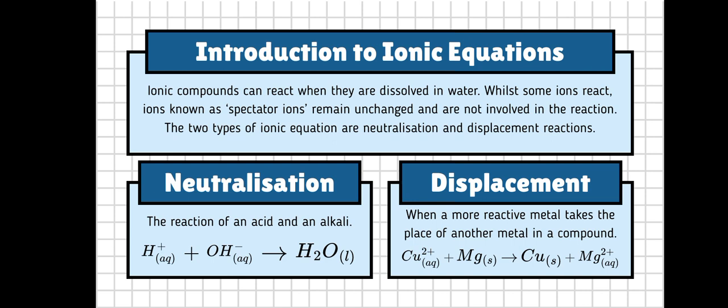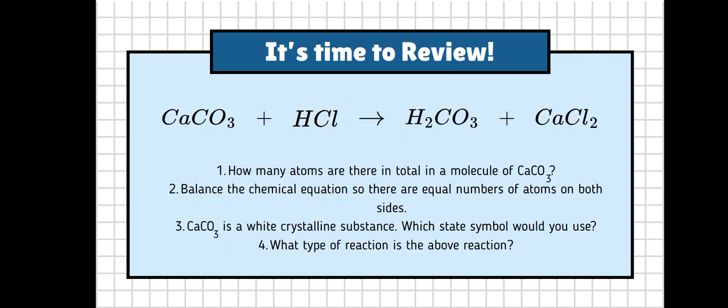But in a displacement reaction, a more reactive metal takes the place of another metal in a compound. Actually, a more powerful metal will take another metal's place in a compound. Here you can see an example of copper and magnesium.